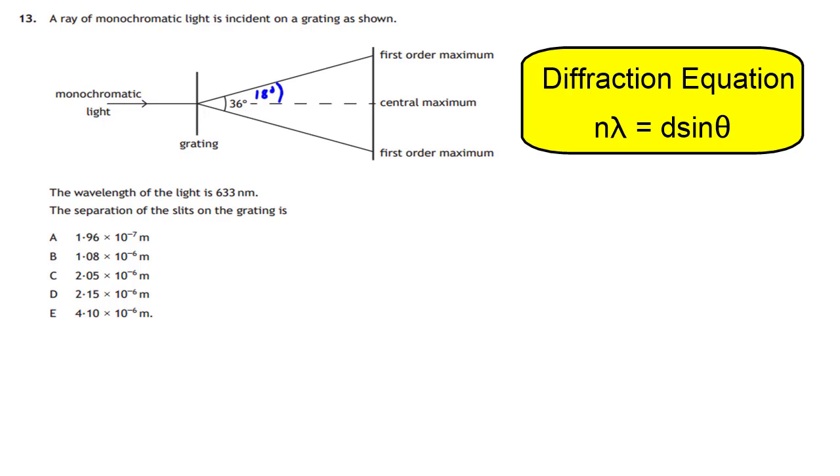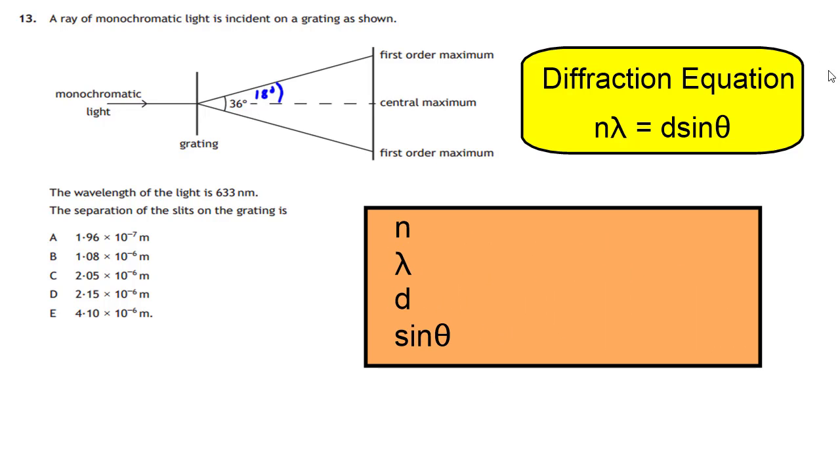So, like every other calculation problem, it's better to put down a list, and we do that as follows. In the first instance, we have n, and n is going to be equal to 1 because that's the first order that we're looking at. n equals 1. What's the value of the wavelength?